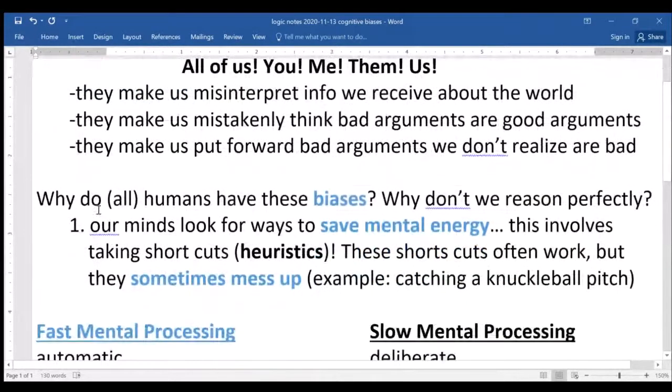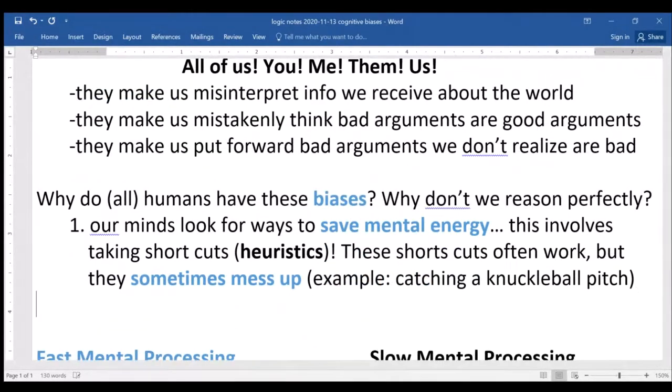So that's definitely one thing that causes us to commit these sorts of biases. There are these other things, so I don't want you to assume that it's just that one and only one thing. Other reasons why we don't reason perfectly, why we have biases, is that our minds don't just reason. Our minds have other jobs.